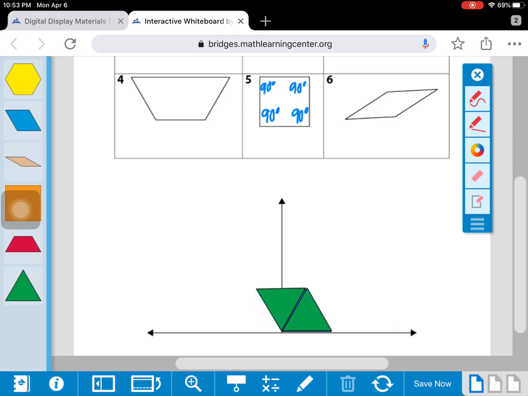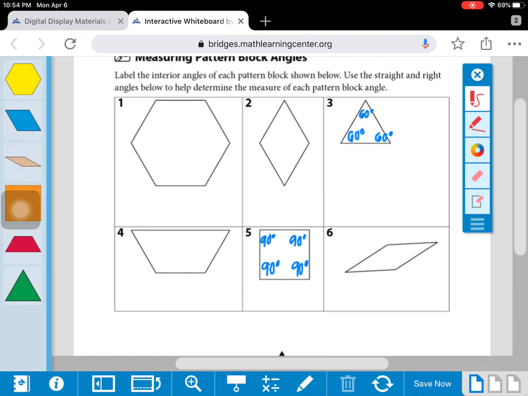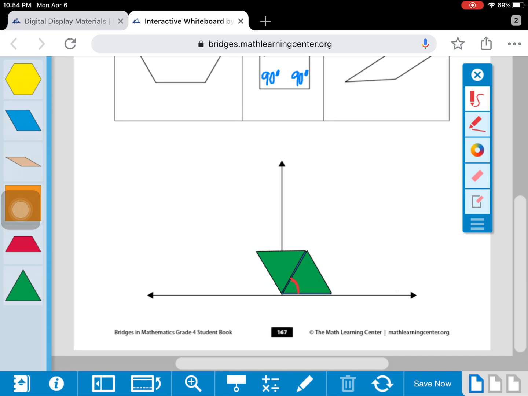So what I need to remember is that one angle over here, if I go back up and check, was equal to 60 degrees, right? So I'm going to bring 60 degrees down here. And now the line that I see right here is cutting my triangle directly in half, right? So I know half of 60 is 30, and the other half left over would also be 30.